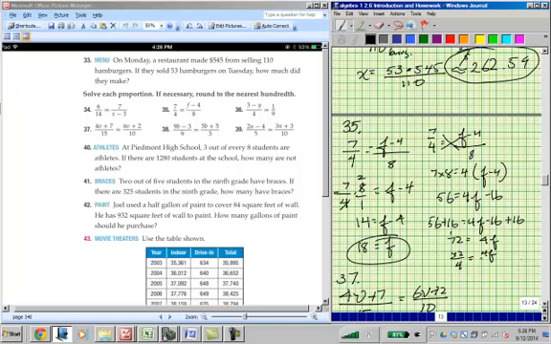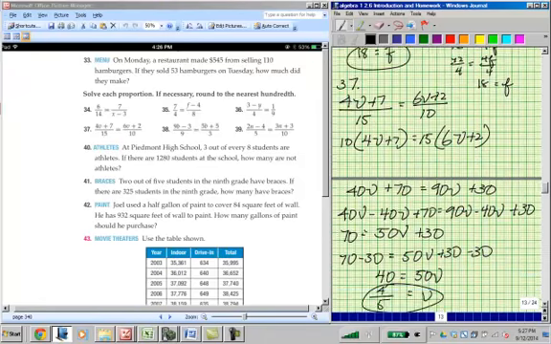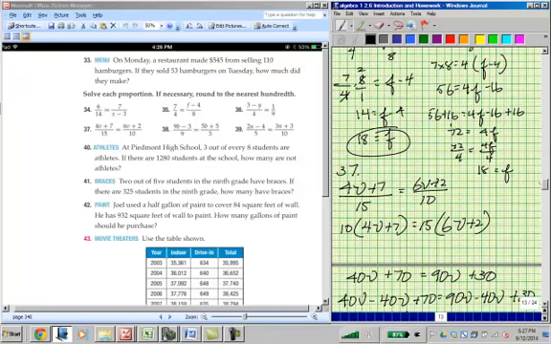I eliminate parentheses. 40v plus 7 equals 90v plus 30. I subtract 40v from both sides. I get 70 equals 50v plus 30. I subtract 30 from both sides. I get 40 equals 50v. Divide both sides by 50. v equals 4/5. And then I check the 4/5. You can go through that, check it out for yourself.